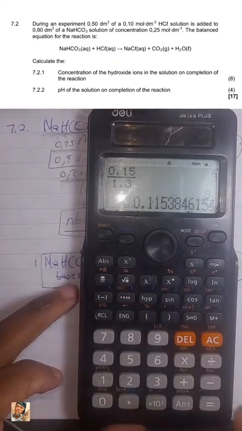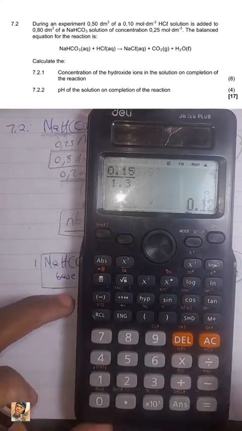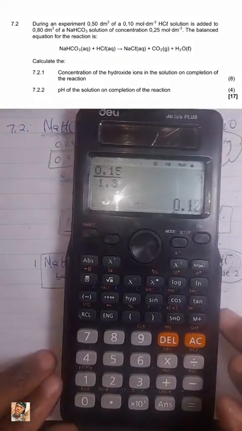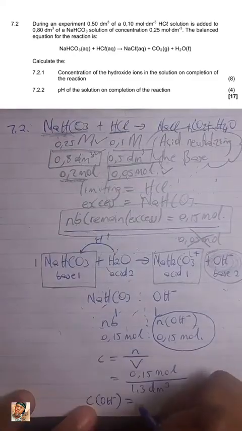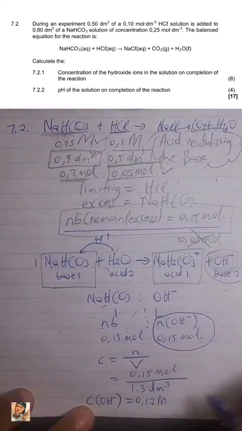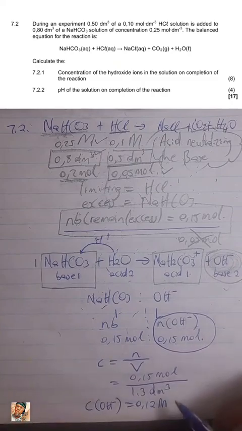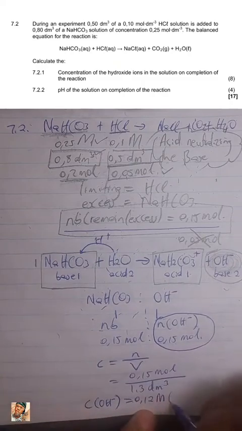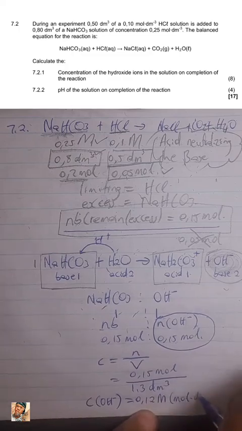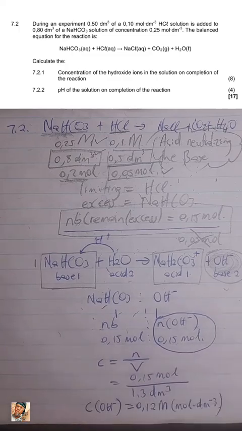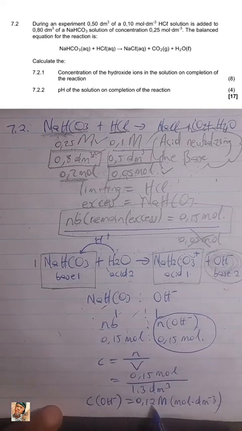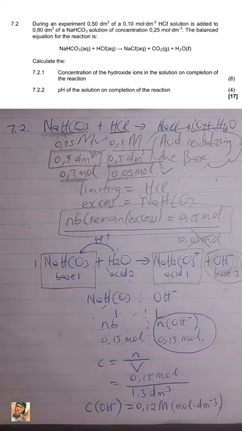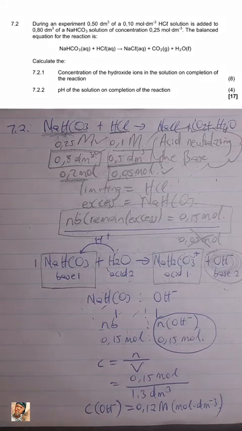That is equal to, to two decimal places, 0.12 molar. Or if you're not used to molar, you can say moles per cubic decimeter. So the answer is 0.12 moles per cubic decimeter, and that is how you get your 8 marks. That is how we answer this question.